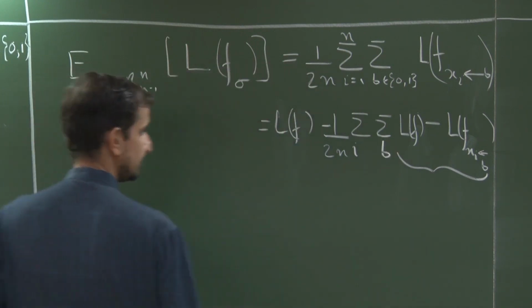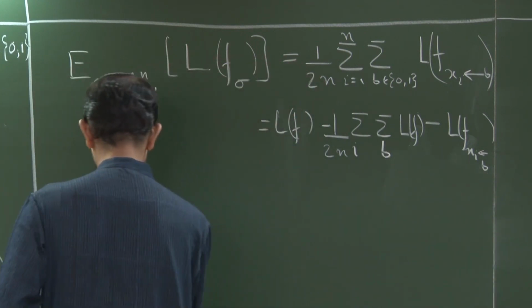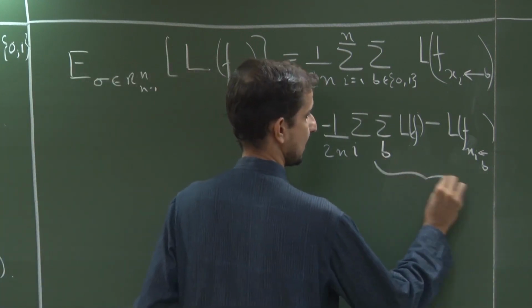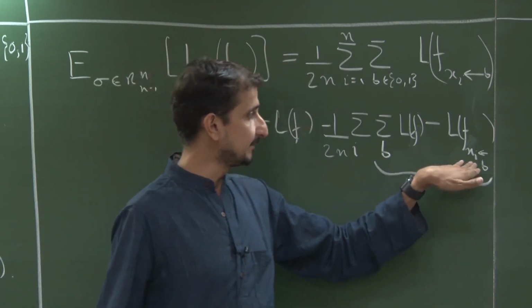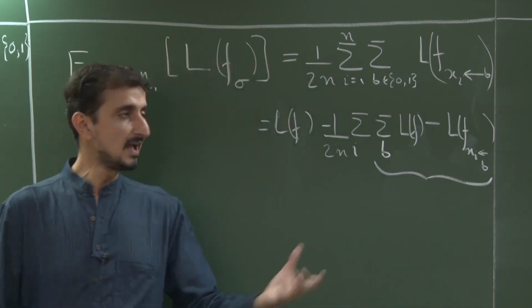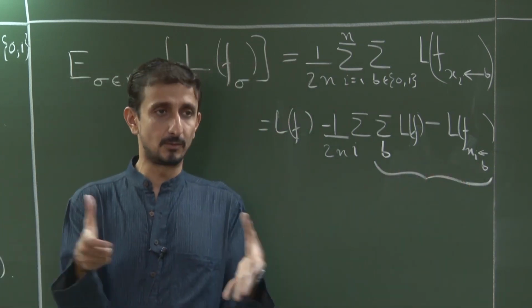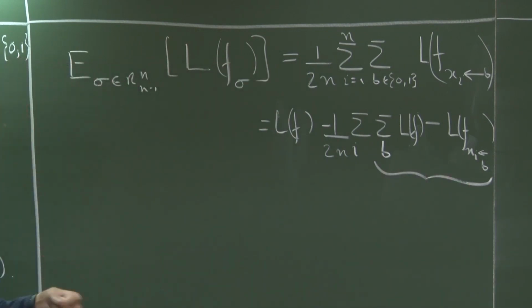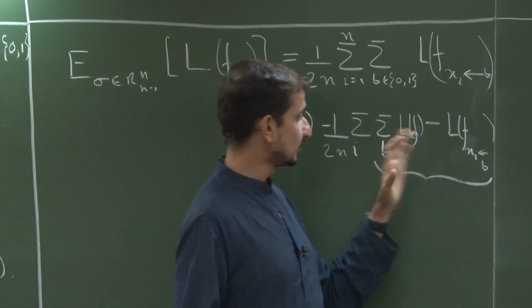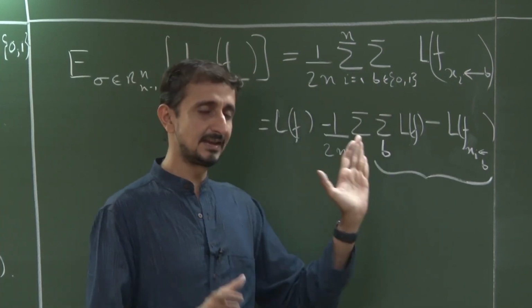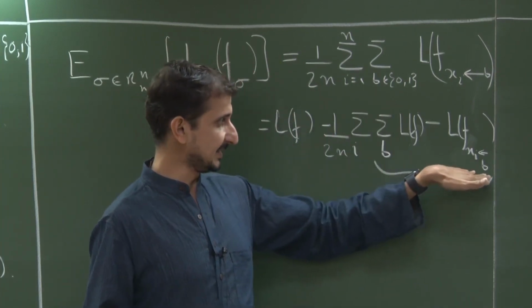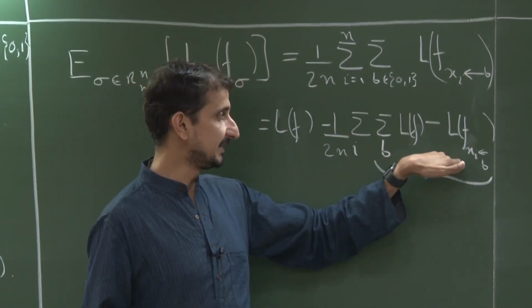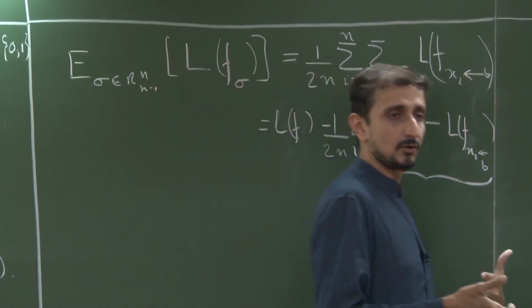I would like to estimate this entire quantity. So, if I take a variable xi and if I set it to some value b, how much is the decrease in the formula size? How much is the formula size decreasing? So, any guesses how much? Let us forget about b for the time being, let us fix a b. If I assign a value b to a variable xi, how much will the size of the formula decrease by?